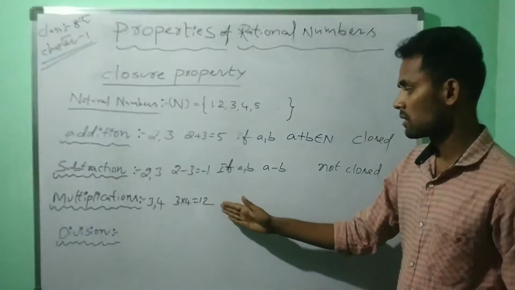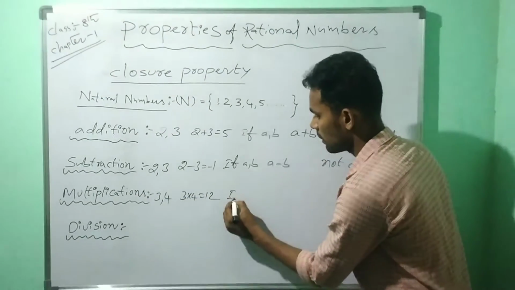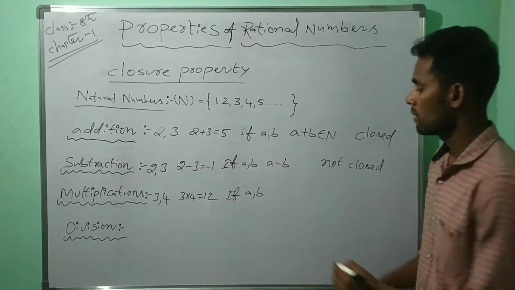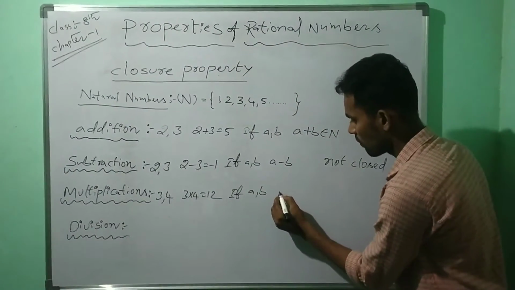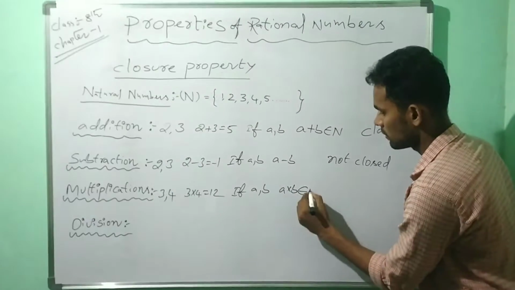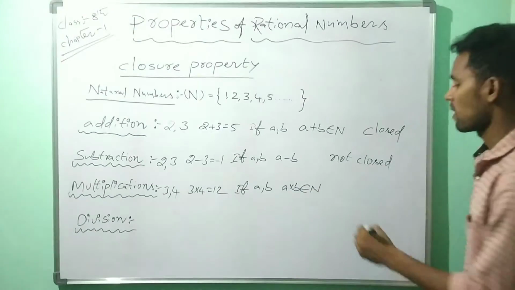So natural numbers are closed under multiplication. If A and B are natural numbers, then their product A into B is also a natural number. So natural numbers are closed under multiplication.